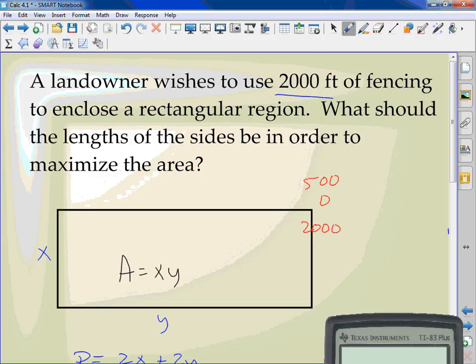But does the 2,000 make sense? Why not? I could use no fencing. So this could be a 0, or it could be the maximum of 2,000. This one doesn't make sense. It would just be a straight line because all the fencing is on that side. Also, if this side was 0, there's no fencing on the sides. So that one doesn't make sense even.